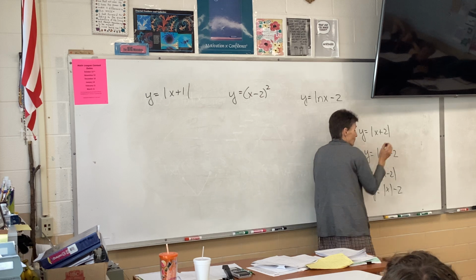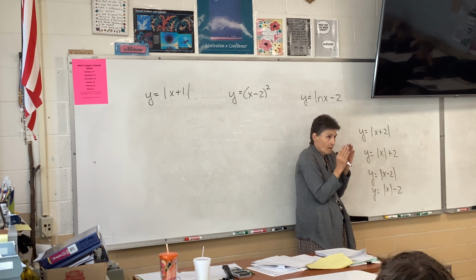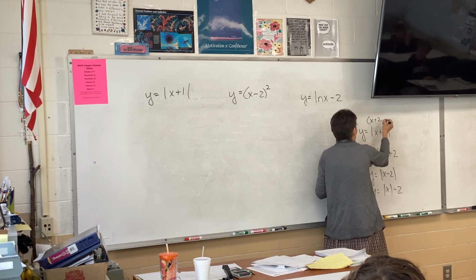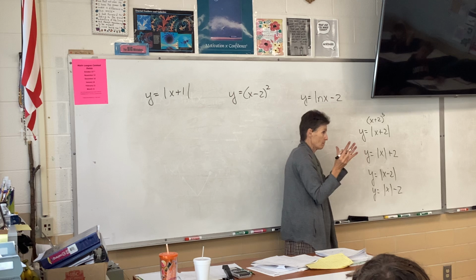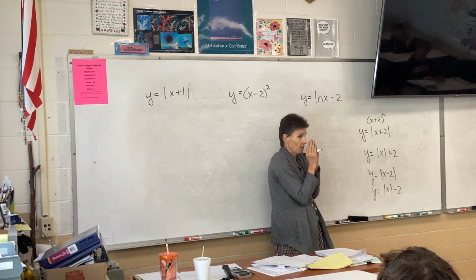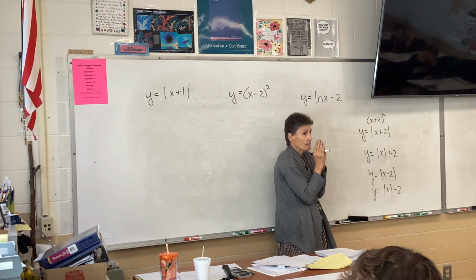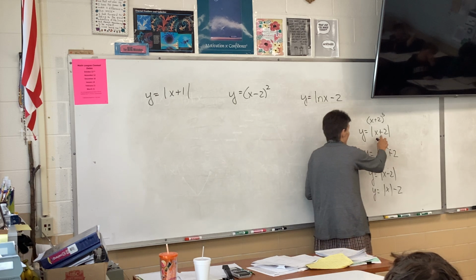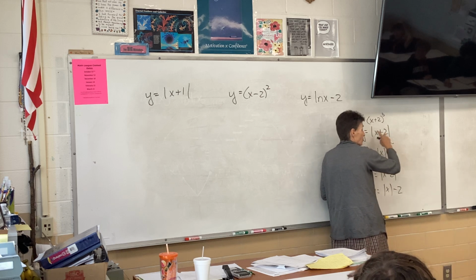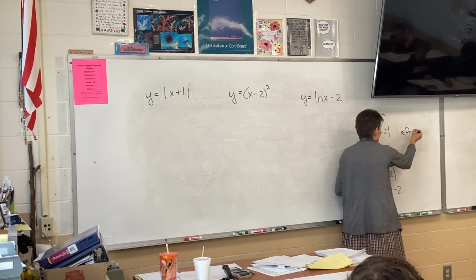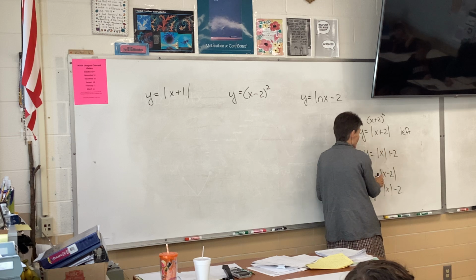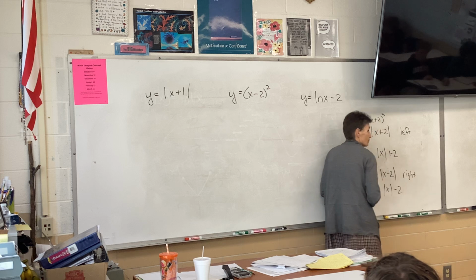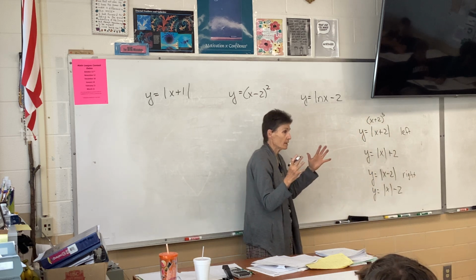When the 2 is inside the problem, so whether it's an absolute value or a cube or anything, if it's inside the problem, it goes left or right. A plus 2 inside the problem goes left. Minus 2, this one would go right. These are the rules that you gotta know.